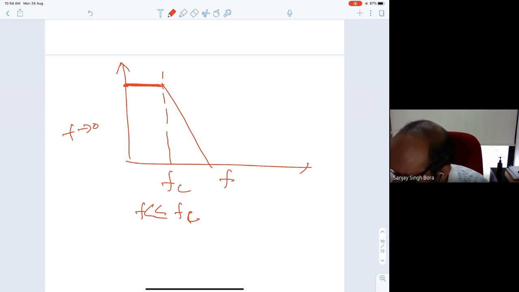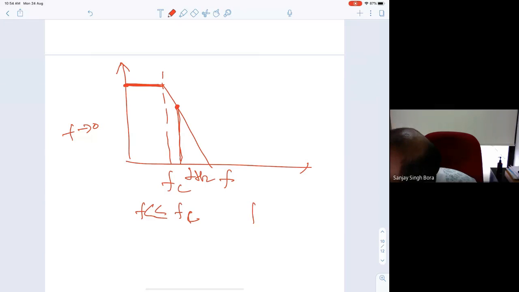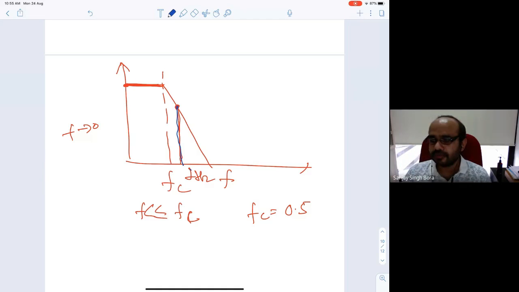But what will happen if you are measuring, suppose this is your 1 hertz and FC is 0.5 hertz. This is your 1 hertz and your FC is 0.5 hertz.